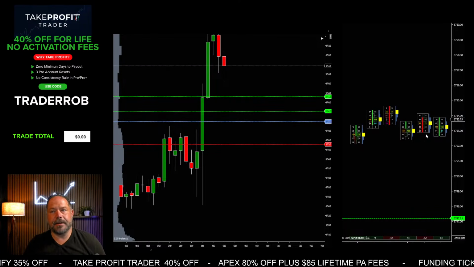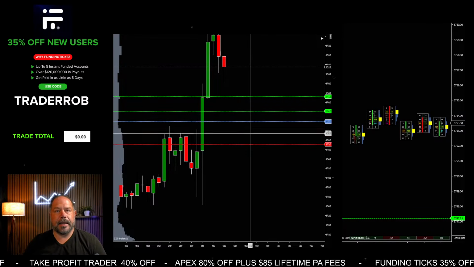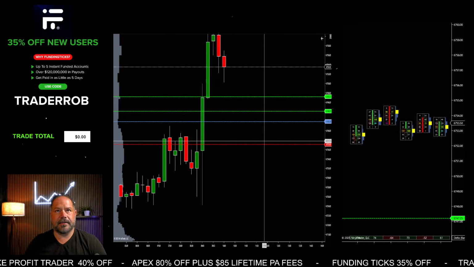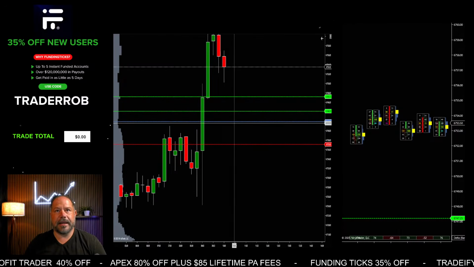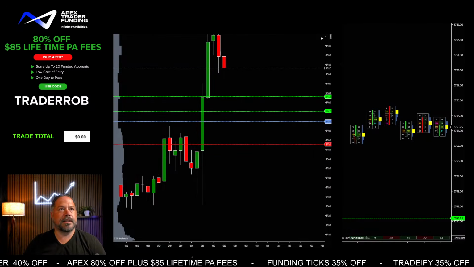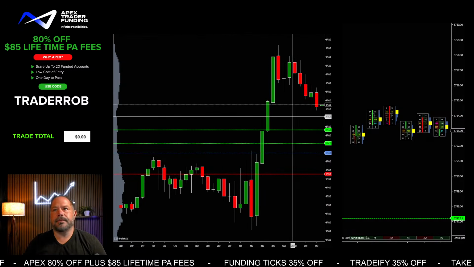So in this scenario, we're looking for a long, so it would be a green footprint candle with negative delta. That's what I would be looking for as my confirmation once we get to this entry right here. Hopefully we get to this entry. Let's jump down maybe to the 5 minute for right now.